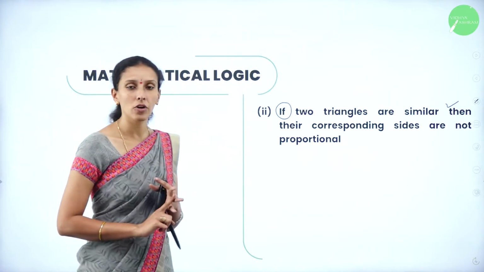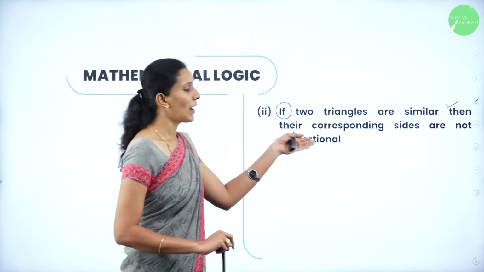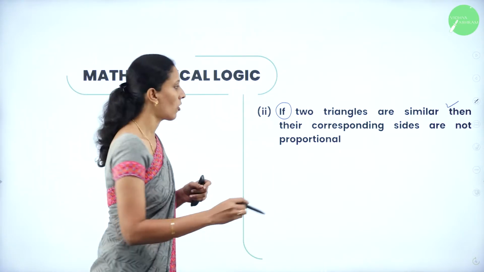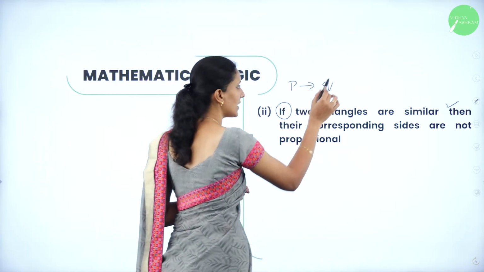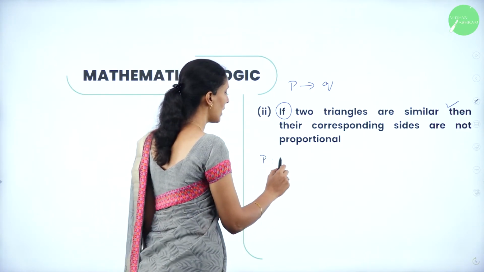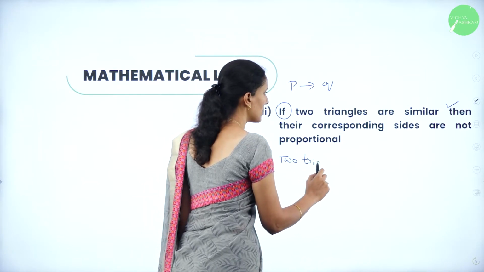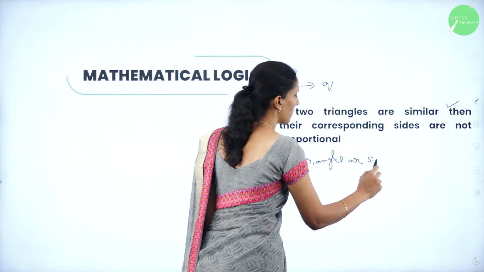We come across such implications, so it is implying the second statement using the first statement. Where we come across P implies Q, that is the conditional statement. So here P should be the statement two triangles are similar. P must be considered as two triangles are similar.